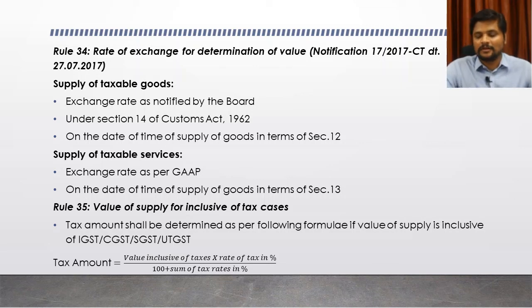So 100 plus 18 is 118. Ultimately it becomes 118 rupees into 18 divided by 118. You will get the tax amount as 18 rupees in this case. This is as per rule 35. They have provided the formula for supply which is inclusive of taxes.